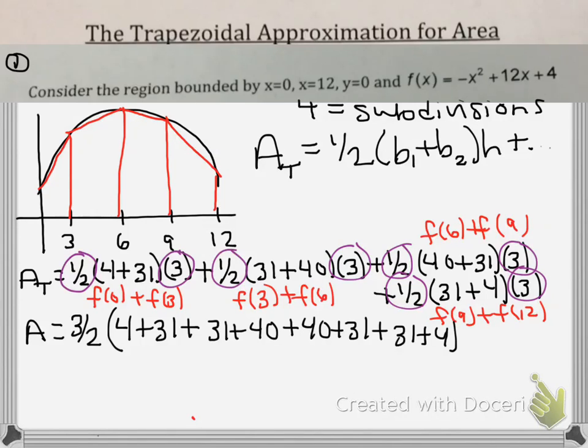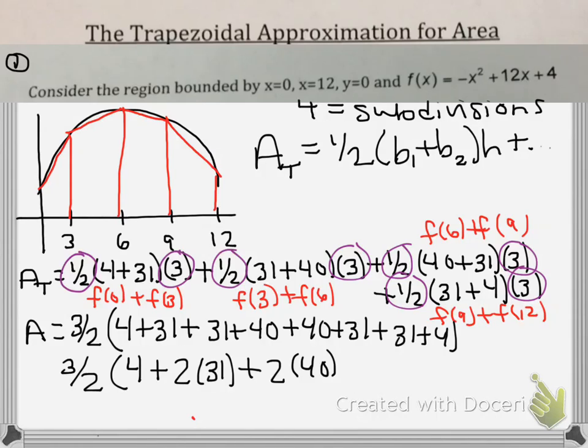Or if you notice, I could say that that is just 3/2 times 4 plus, oh look, 31 shows up twice here in order, plus 40 shows up twice here in order. 31 shows up again. And then 4 is on its own.